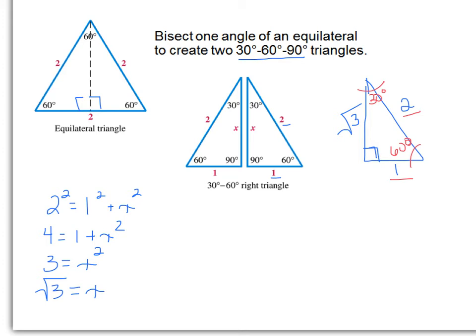I did this in 2 steps. I made this 1 over the square root of 3, and then I rationalized. The cosecant, the secant, and the cotangent.